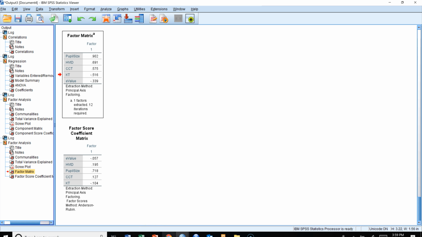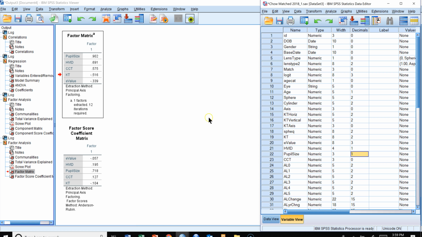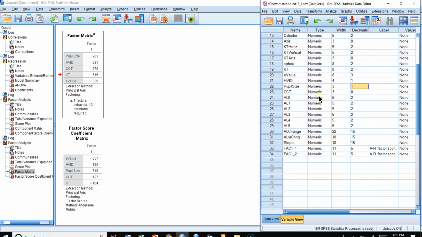The other thing to notice here is that we have added a variable. Now, actually, I had that save on for the first one. I don't want that one. This is the factor score.